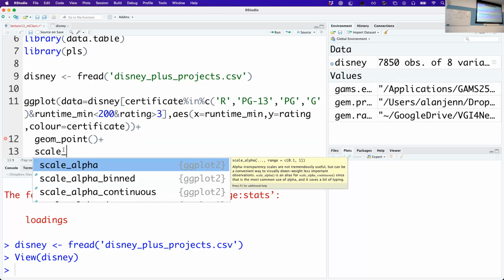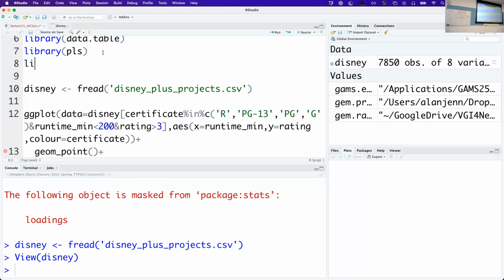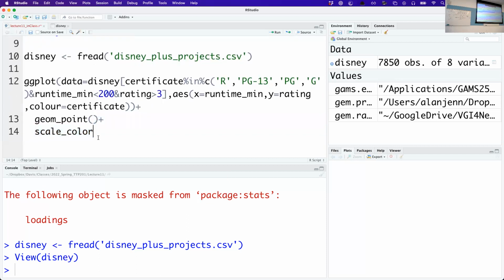Oh, I see I'm using, okay, I think we're going to need another library here. RColorBrewer. Scale color brewer, name equals movie rating.